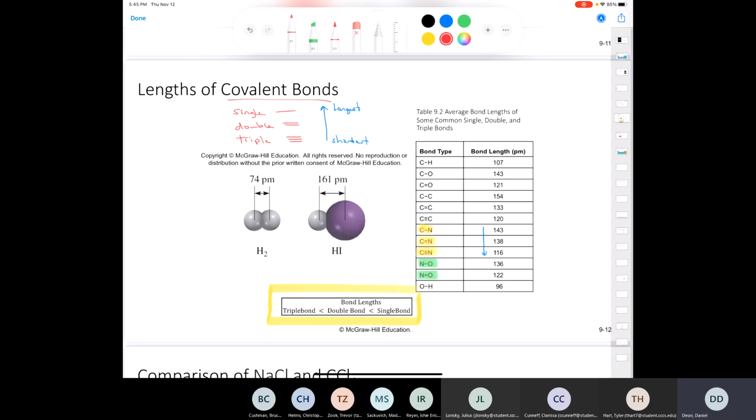What do you notice? As the number of bonds increases, the bond length decreases. We also see it right here for a carbon-carbon single, double, or a triple. Bond length decreases. This is a rule that you have to know. I've seen this rule asked several times on the final exam.